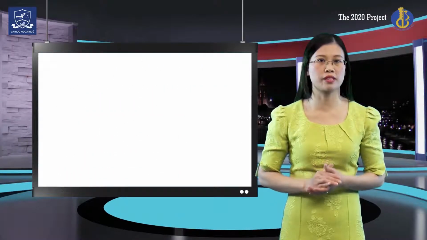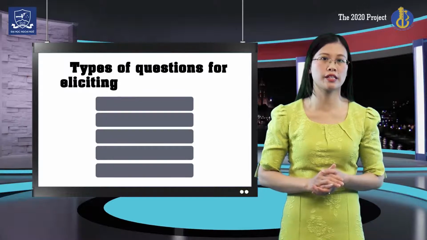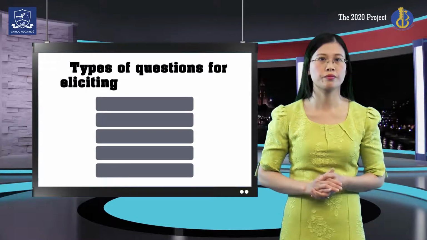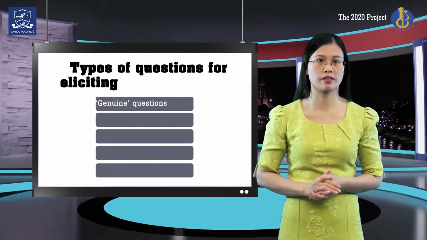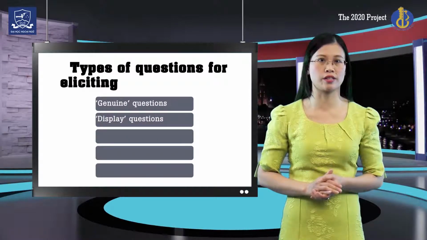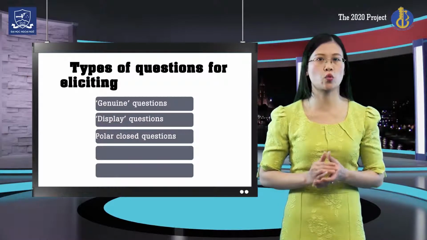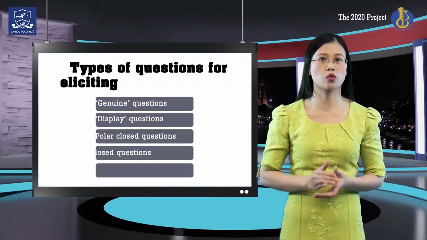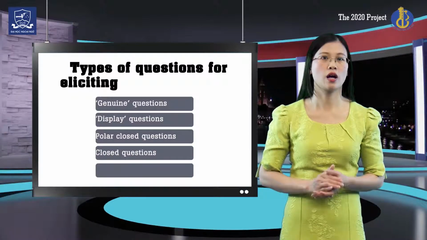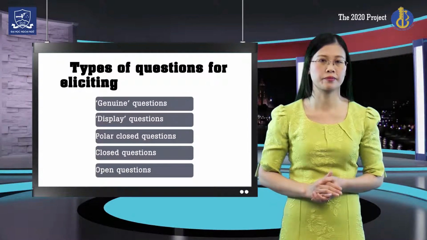There are 5 common types of questions for eliciting. They are genuine questions, display questions, polar closed questions, closed questions, and open questions.